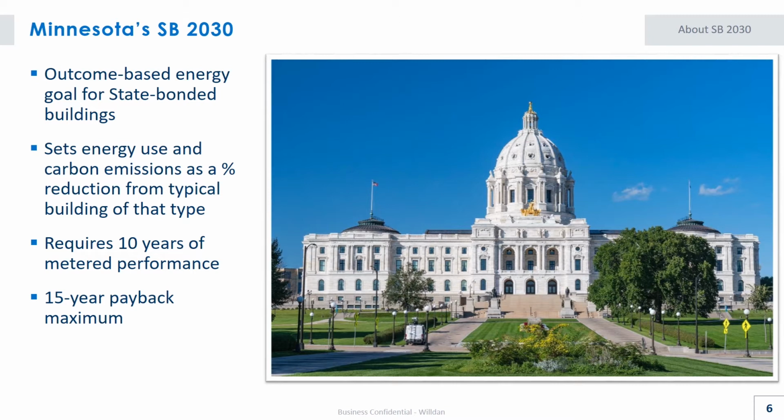There is an exception if you can prove that you cannot get to that energy or carbon goal with strategies that have less than a 15-year payback currently, and in January that'll be updated to 12 years, and I'll get into why in a little bit. But so right now it's a 15-year maximum payback that you have to implement. That'll be coming down a little bit.